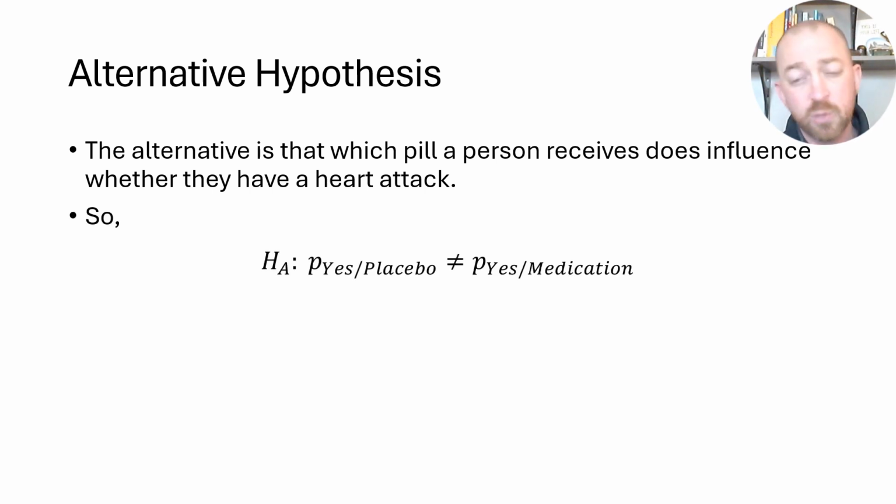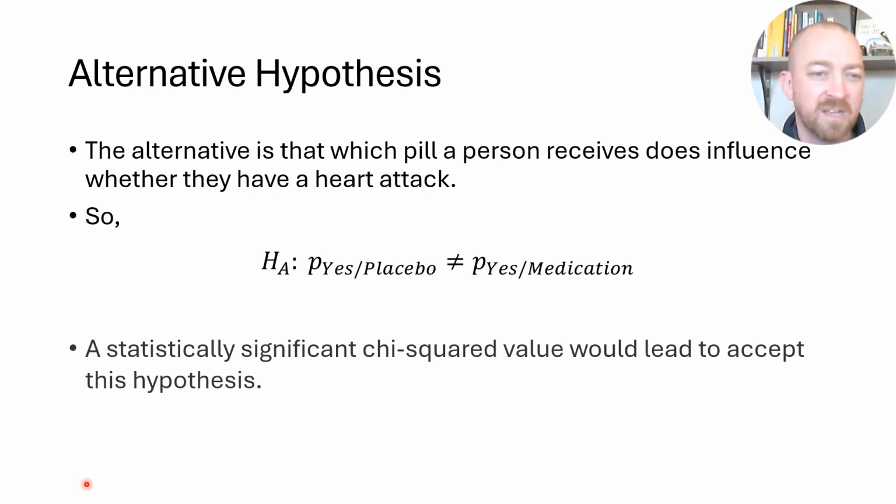Because we have only two variables and two levels for each variable, we can just summarize it like this and say, actually, that's not true. They have different probabilities. Now, we're not sure which direction it goes. We don't know. Maybe actually it is better and safer to not take the medication in the first place. Hopefully you've gone through several trials before going to human subjects in this case.